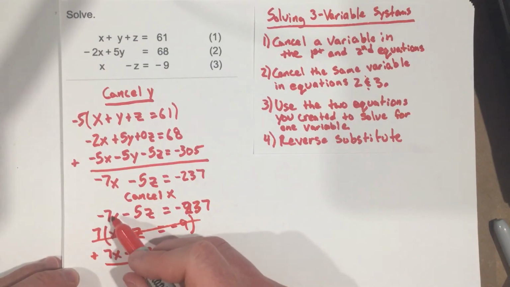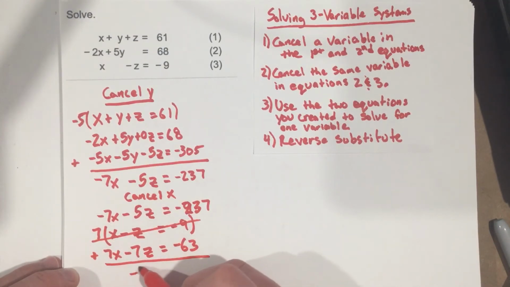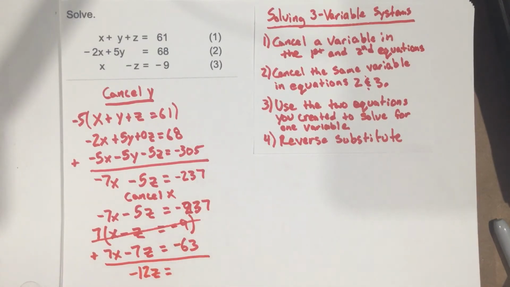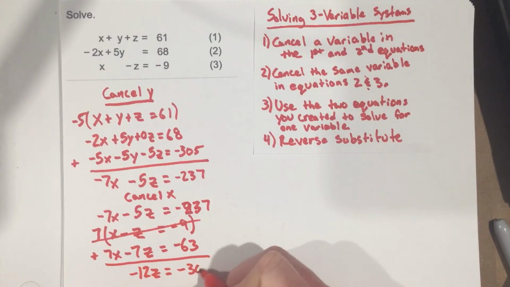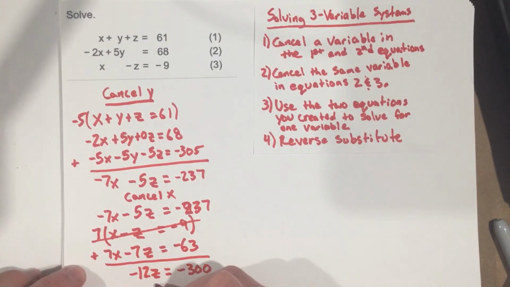When they are added together, that's 0. That's negative 12z. And this will be negative 237 and negative 63. Gives you negative 300. We're going to now divide negative 300 by negative 12. Gives you 25. So z is 25.